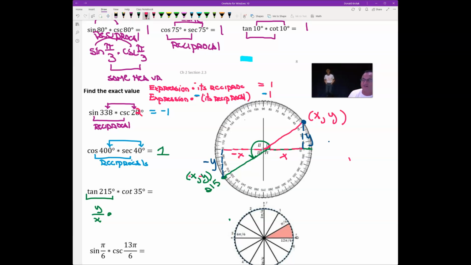So the tangent would be negative y over negative x, which becomes positive y over x, times the cotangent over here, which is x over y. And when you multiply those, the y's are going to cancel, the x's are going to cancel, and you get 1.